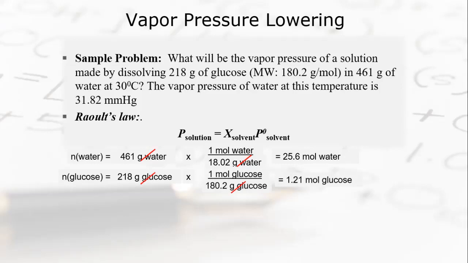So the reason we did this was because, remember, our first task was finding the mole fraction of solvent. That is moles of water divided by the total moles in the solution. So the pressure of the solution would be the mole fraction, which is the moles of water divided by the total moles, water plus glucose, times P naught, which is the pressure of pure water at the same temperature.